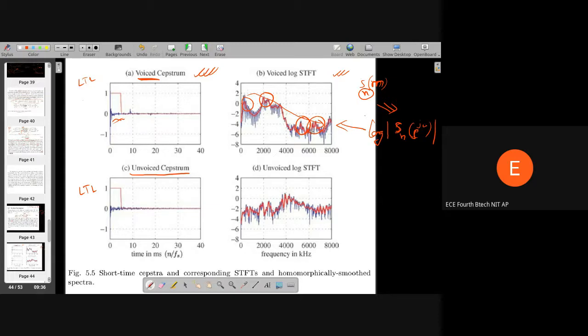In unvoiced, again they have done low time liftering, and then when they took the Fourier transform, you get the log magnitude spectrum. You can see these areas are probably the formants, and you see as frequency increases, the formants become stronger in the case of unvoiced speech.